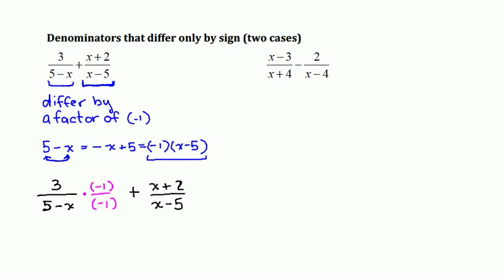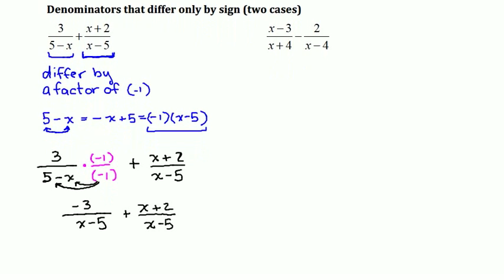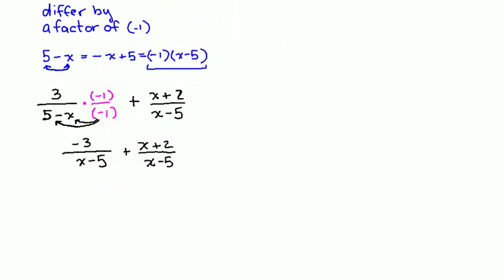When we multiply the -1 over -1, this becomes -3 on top, and distributing the -1 into the denominator gives us a -5 and a positive x, so I'm going to just go ahead and write that as x minus 5 right now. And now I have a common denominator for both of these expressions, and I'm ready to go ahead and add.